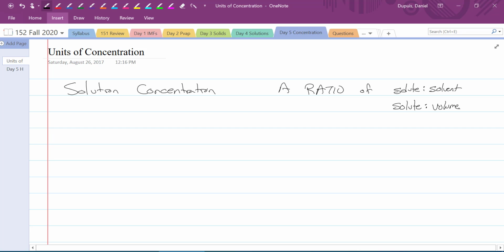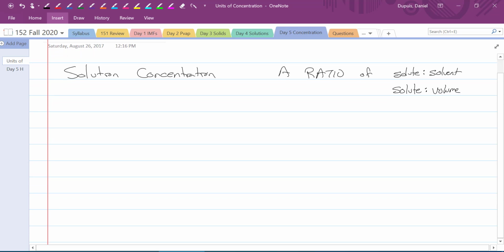We're going to talk about 4 units of concentration, when they're used, and some of the things about them. We use these ratios so we can measure amounts.